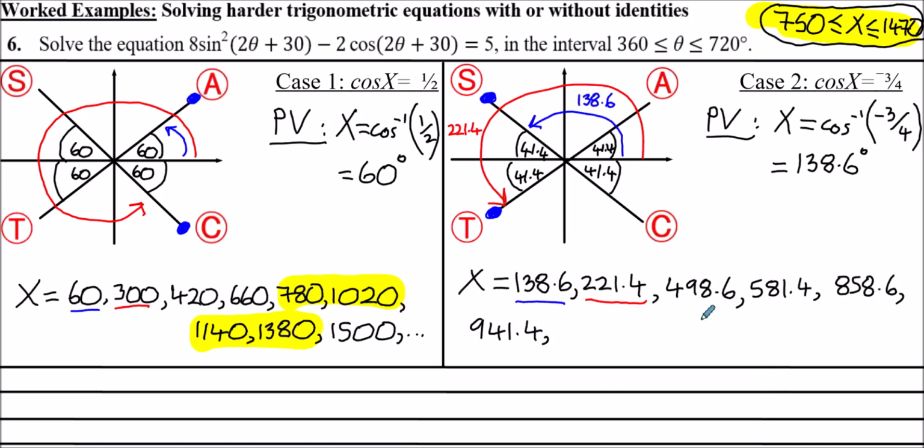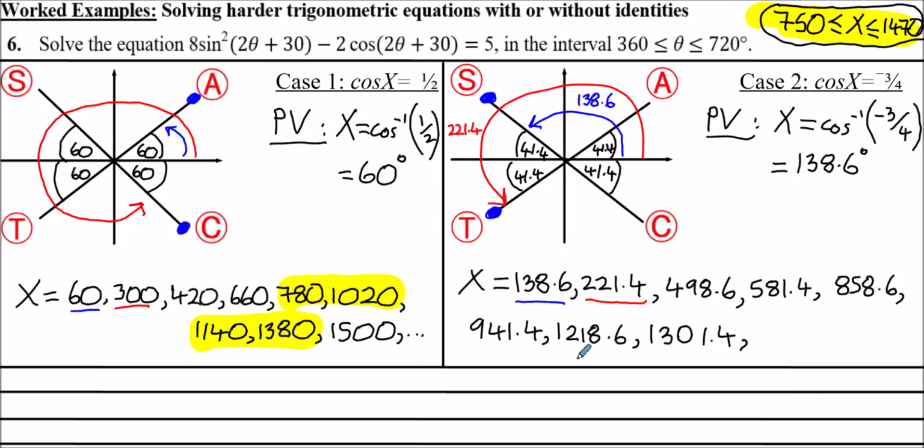What we get next is 1218.6. Add 360 onto this one, and we'd get 1301.4.